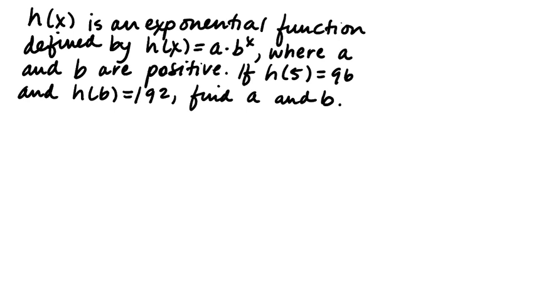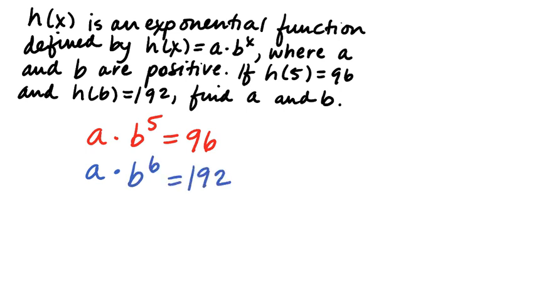So h of 5 equals 96, so when I replace x with 5, I get 96. Okay, so it's a times b to the 5 equals 96. And h of 6 is 192. So a times b to the 6 is equal to 192.